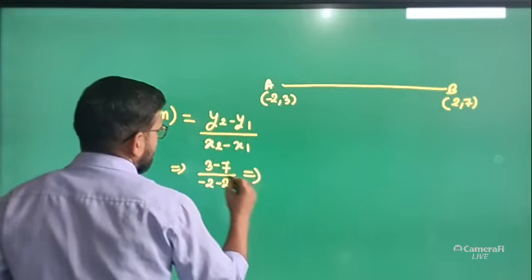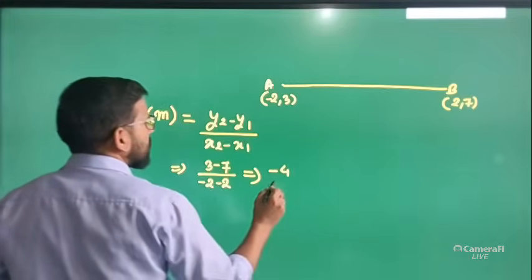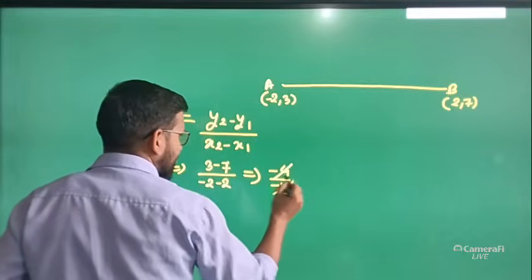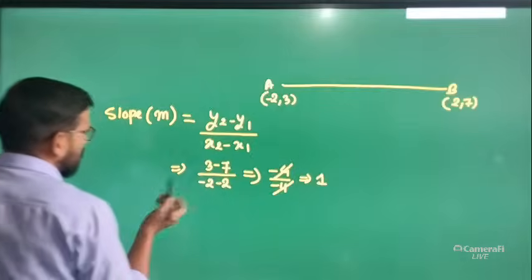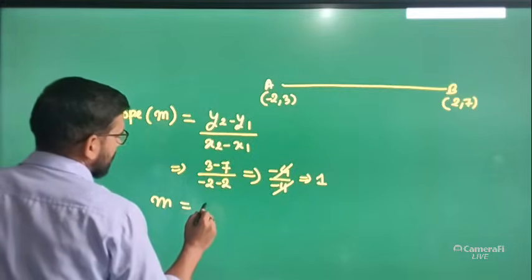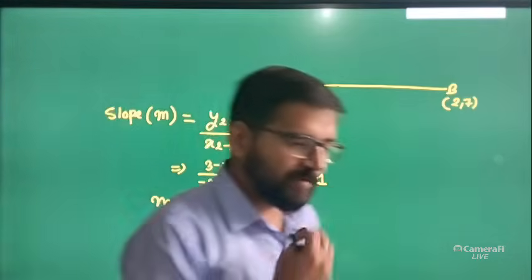So this will become 3 minus 7 is minus 4, and minus 2 minus 2 is minus 4. So minus 4 cancels with minus 4. This is equal to 1. So what is your slope here? M of this line AB is equal to 1.